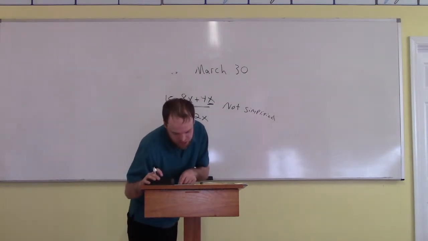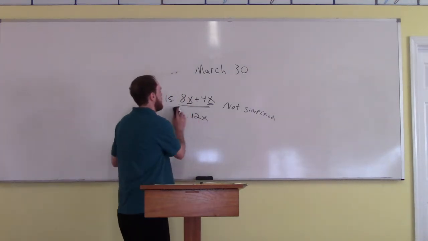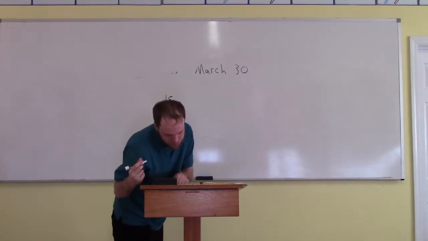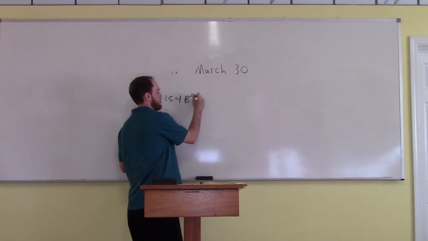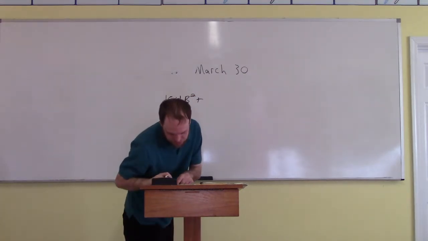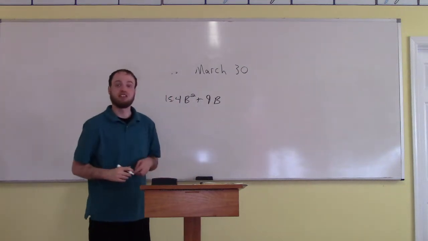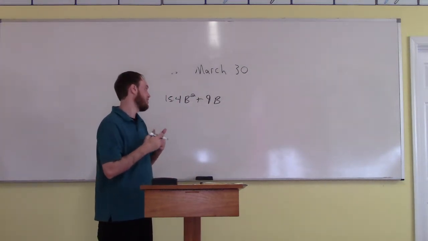So if you look at number 17, 17 says 4b squared plus 9b. So notice again, look at the variables, see if they're exactly the same, see if you're dealing with the exact same object.